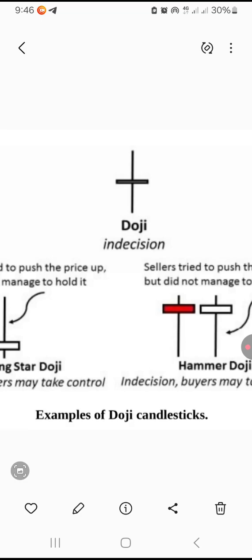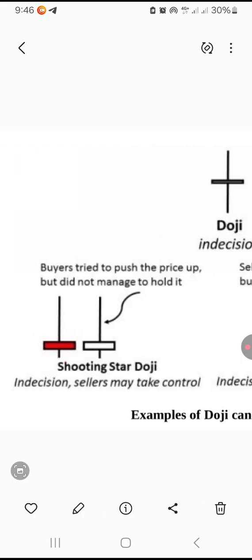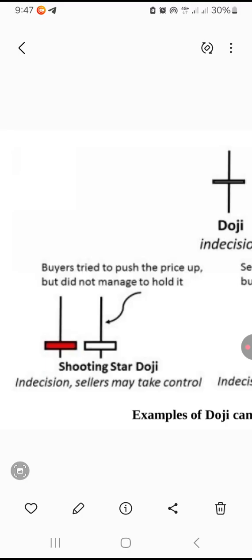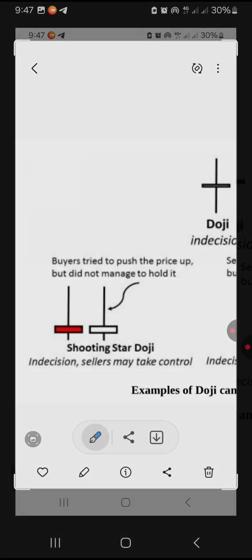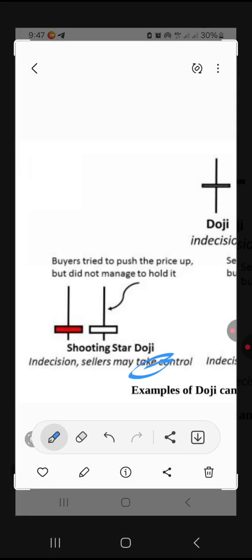There are dojis that show other things. There is what we call the shooting star doji. This is what it looks like. Remember we said that when the close is higher than the open, the market closed up, it is a bullish candle.